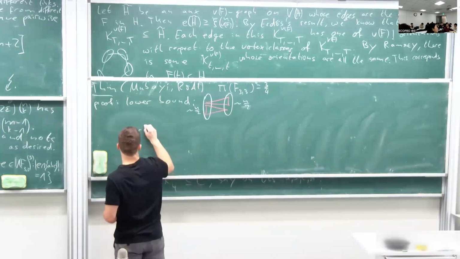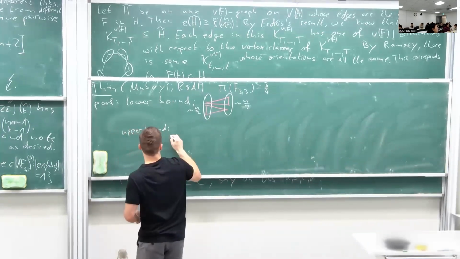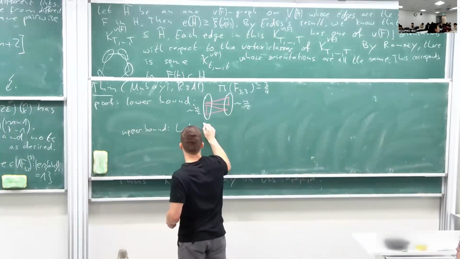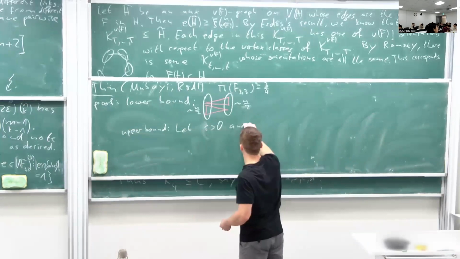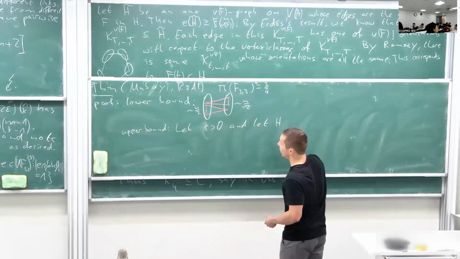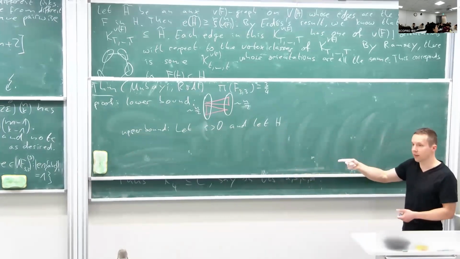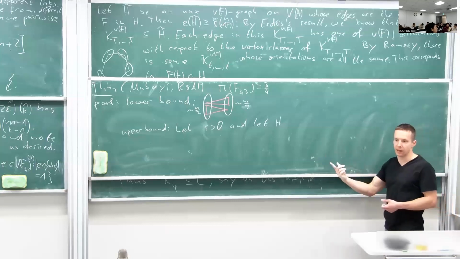For the upper bound, epsilon given, and the H. So by this observation, we can now assume that we have a minimum degree condition.